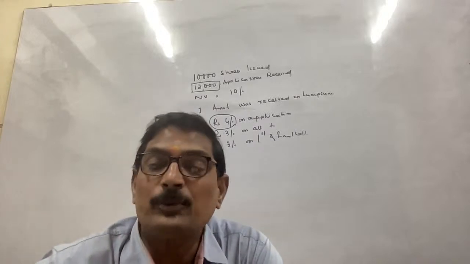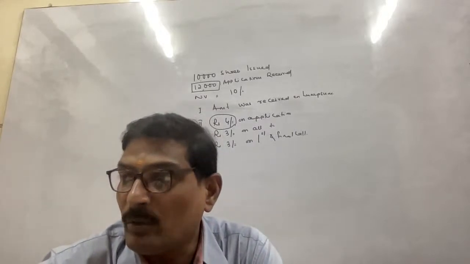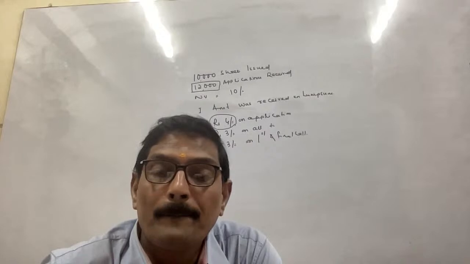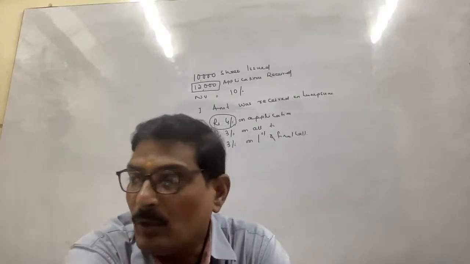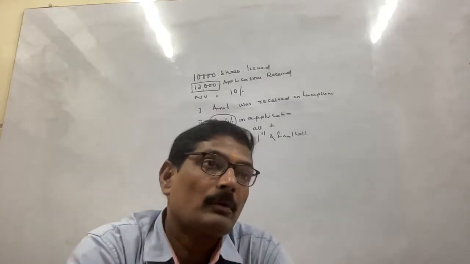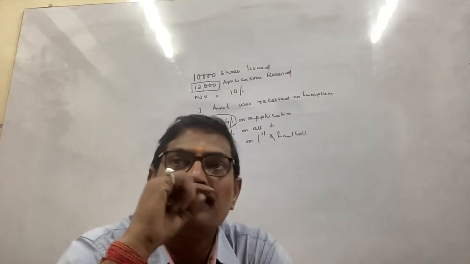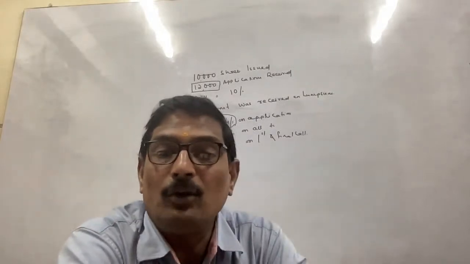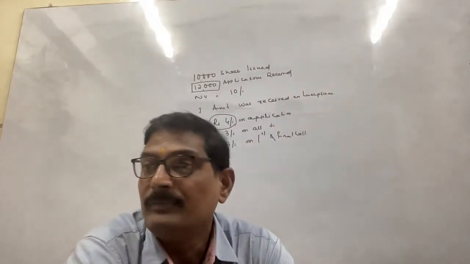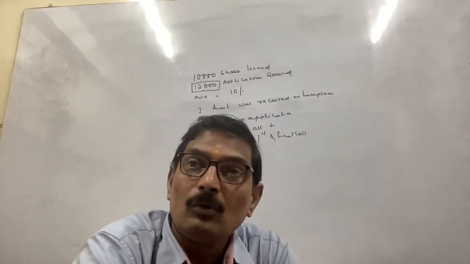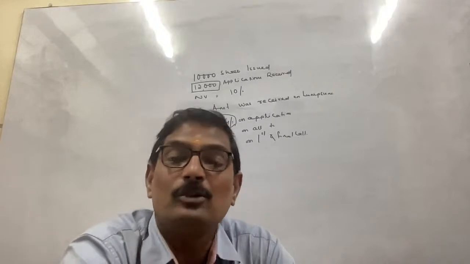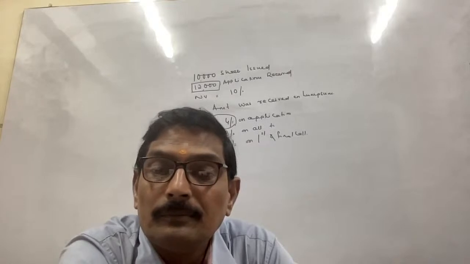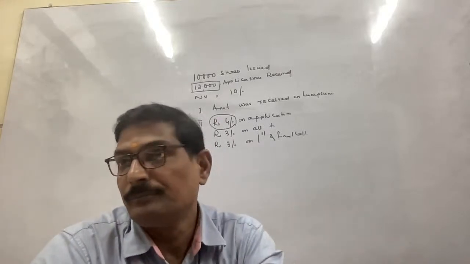The next entry, for transfer: share application and allotment account debit, 12,000 into 4, to share capital account, 10,000 into 4, to bank account, 2,000 into 4, for the excess money received against which we cannot allot any shares, that is to be refunded. Right?